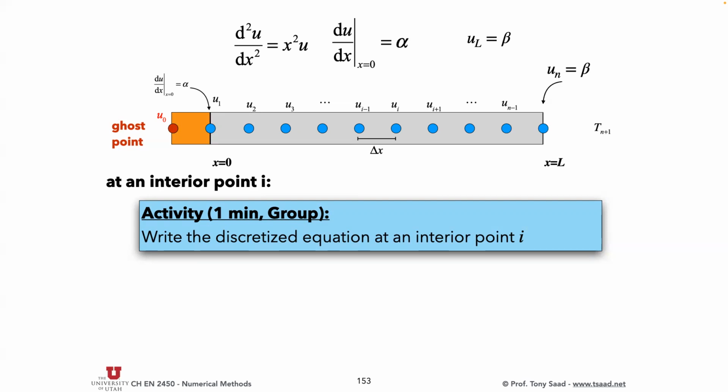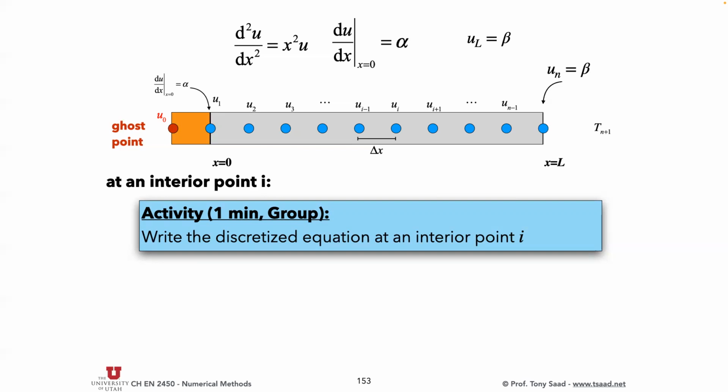So maybe I'll write it on the board. Sorry for those on Zoom, I'll show you the slides in a second. What I would do is take this equation, d2u by dx squared equals x squared u. First, I apply it at an arbitrary point i. So you get d2u by dx squared at i equals xi squared times ui.